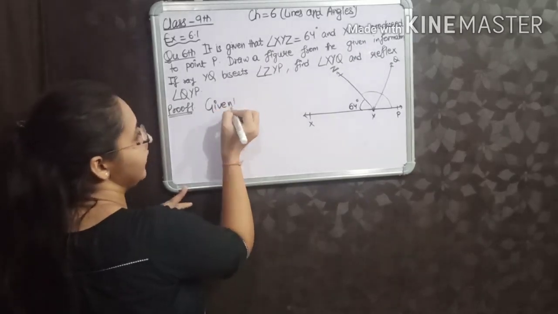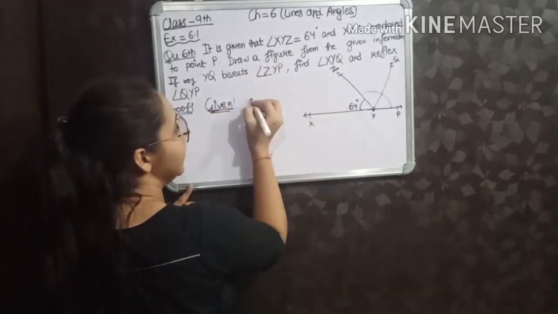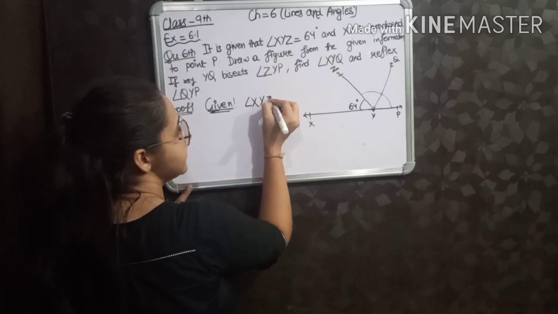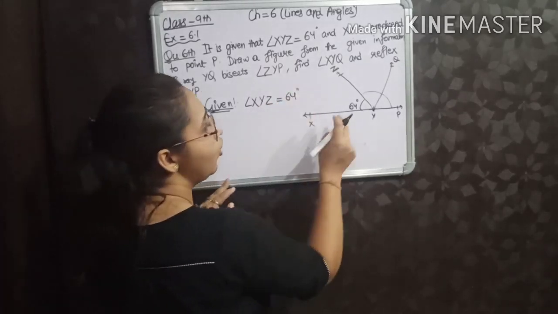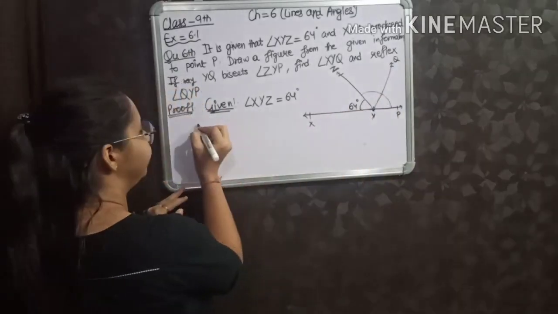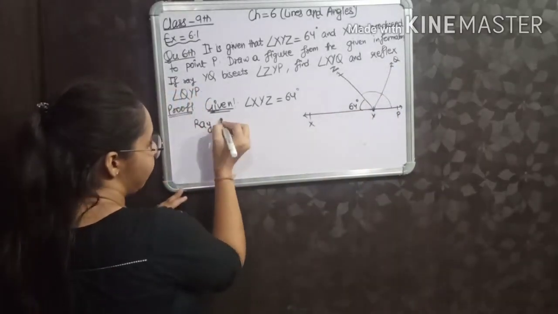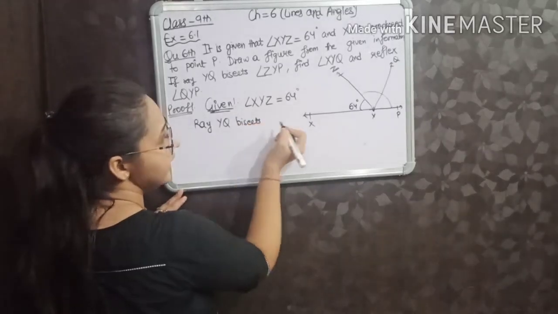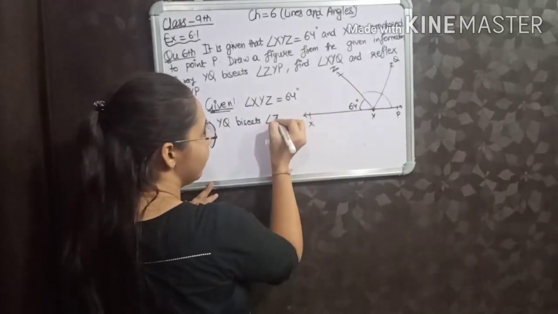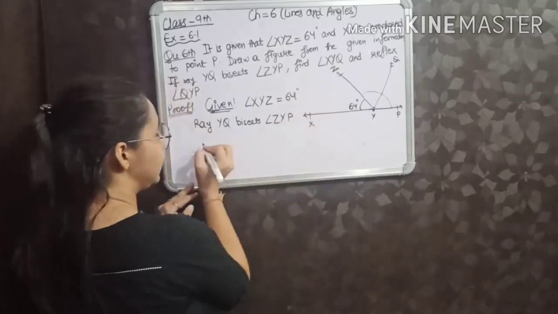First of all, write given. Given is angle XYZ equal to 64 degrees. Now ray YQ bisects angle ZYP.